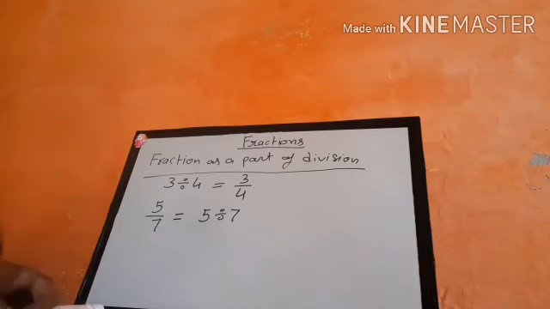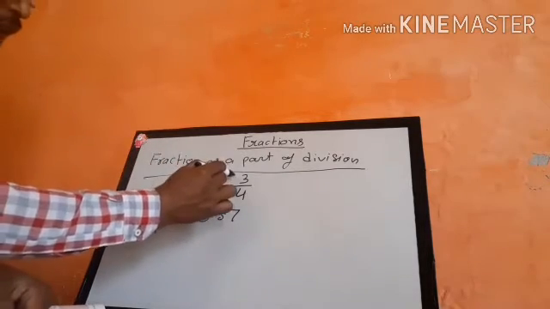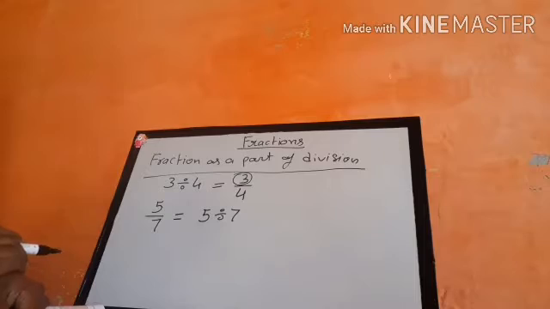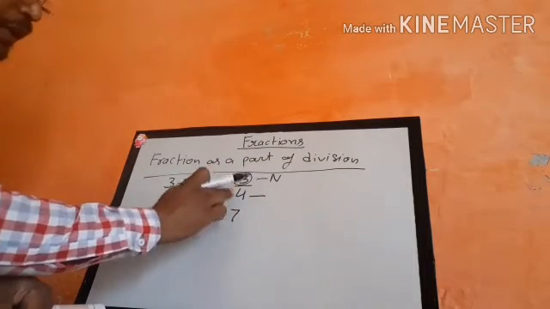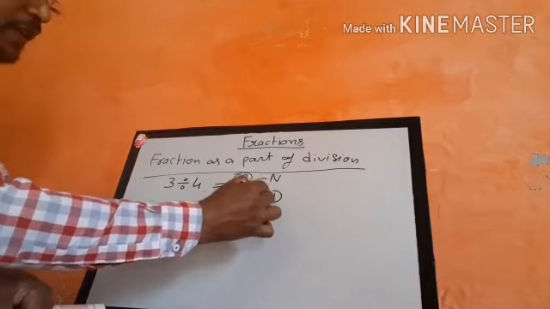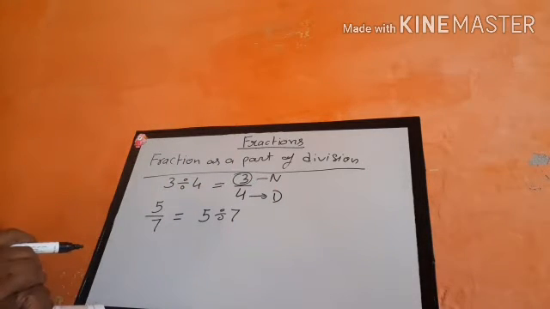Few points of the last video I would like to repeat here. The upper part of the fraction stands as the numerator, and the down part below the line always stands as the denominator, right?